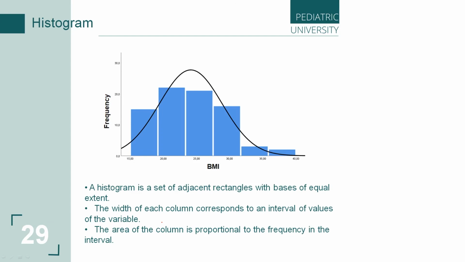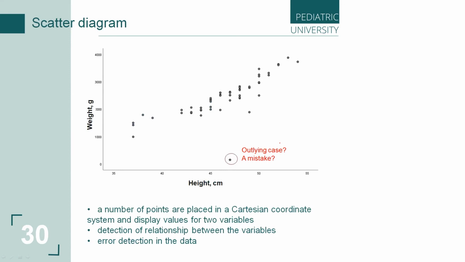The width of each column corresponds to a certain interval of variable values. They are the same width, every column. The area of the column is proportional to the frequency in that interval. We must remember this.